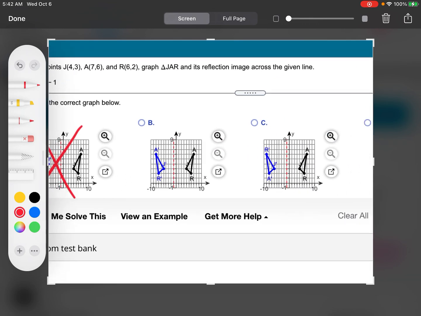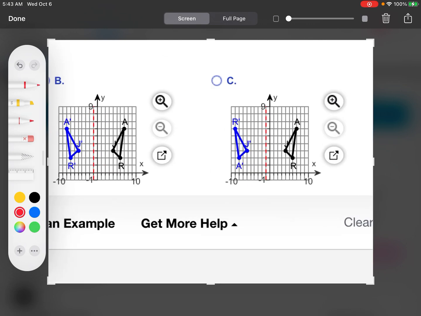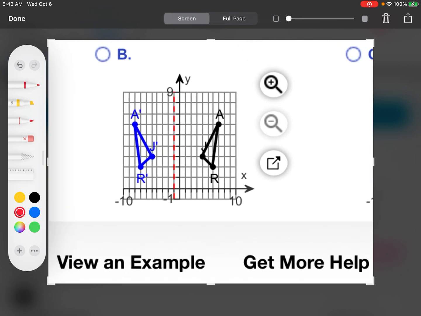Also, all of these have the correct line of reflection, so we couldn't eliminate any options by looking at whether the line of reflection was right or wrong. They're all in the right place. Okay, all the other ones are lined up a little bit more accurately, so we're gonna have to look a little closer. So let's look at B. Option B, J is 1, 2, 3, 4.